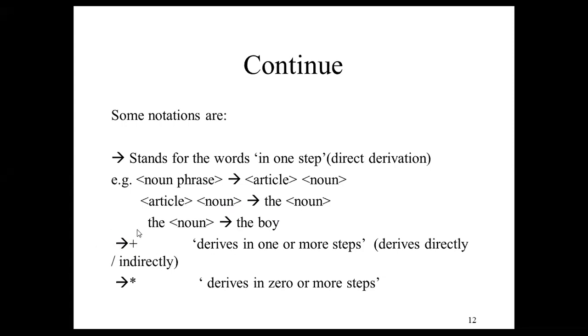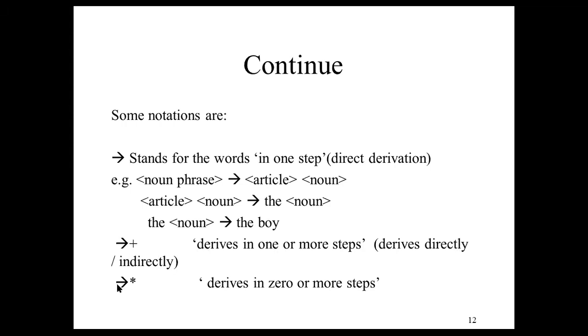Arrow sign with plus means derives in one or more steps. Understand this: whatever you are getting, directly or indirectly, you can get in one step or more steps. That is called the arrow with plus sign.